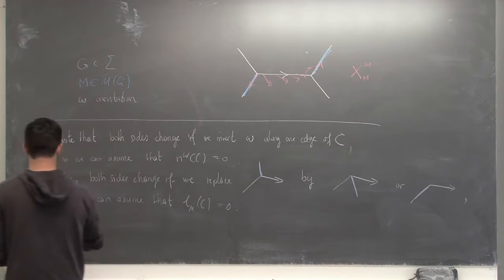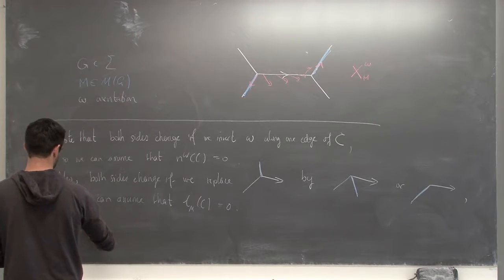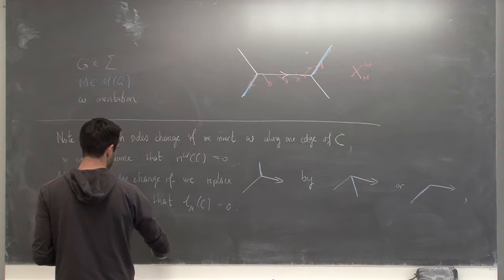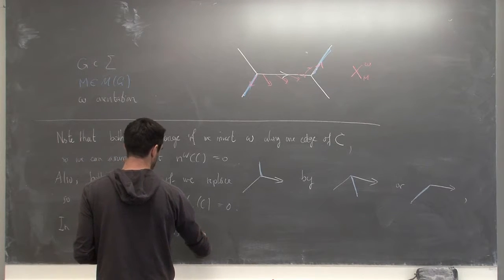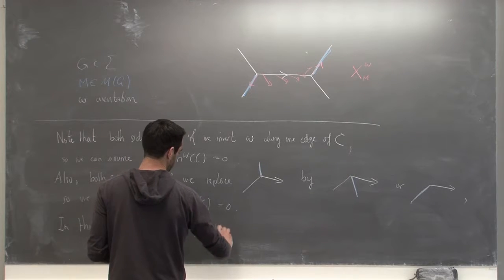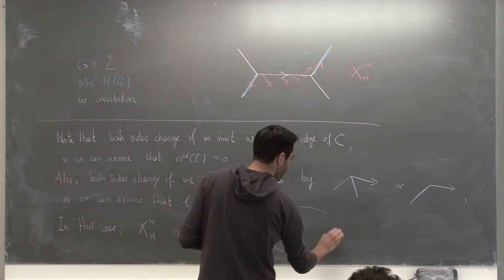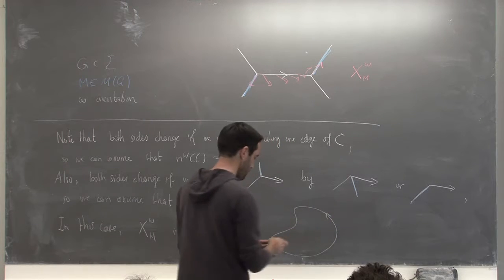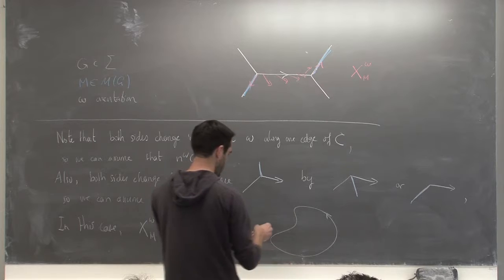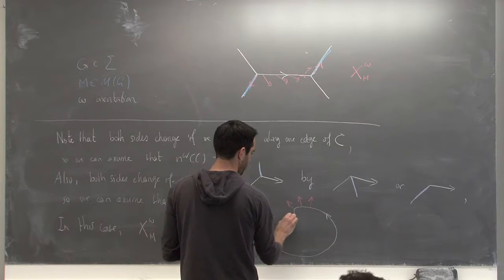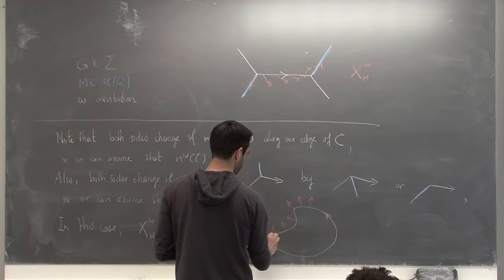So in this case, x omega m is homotopic to, I'm going to draw a curve in the plane, but of course it's on the surface in general, a vector field that always points to the right.